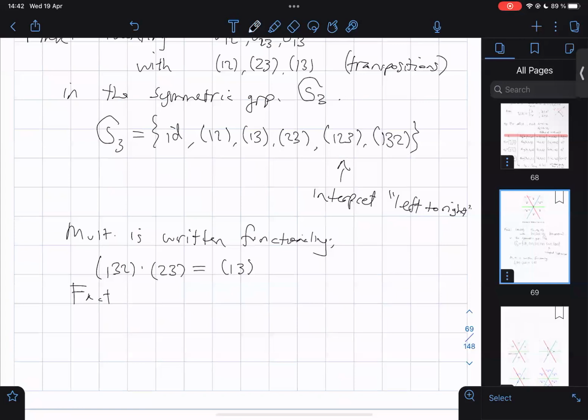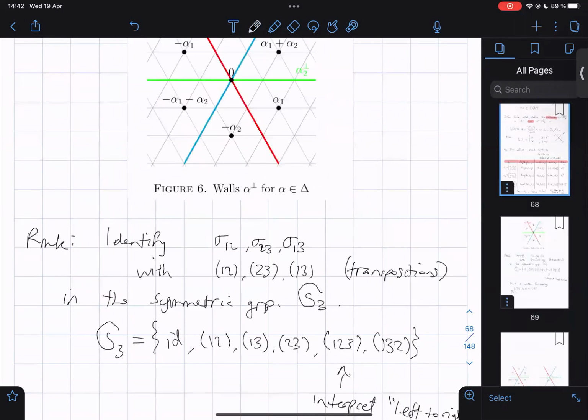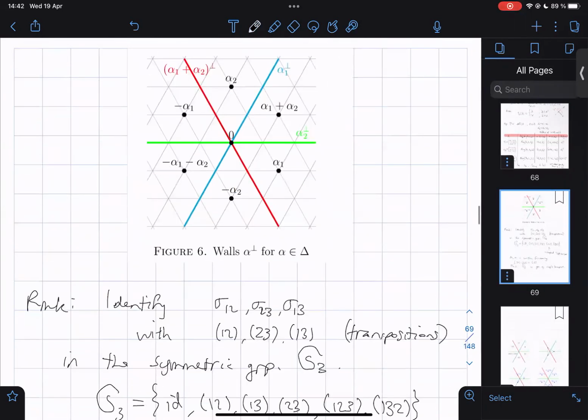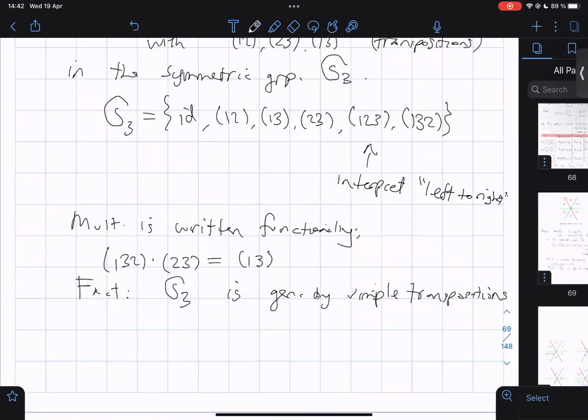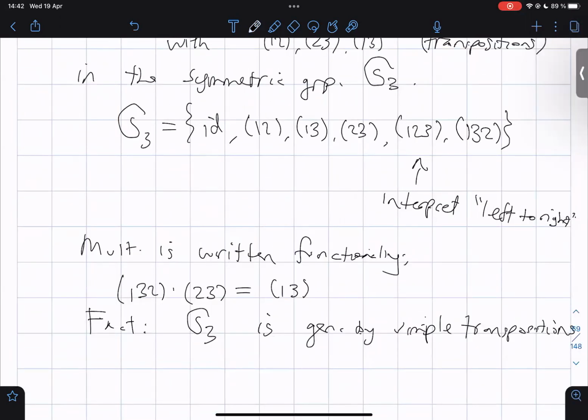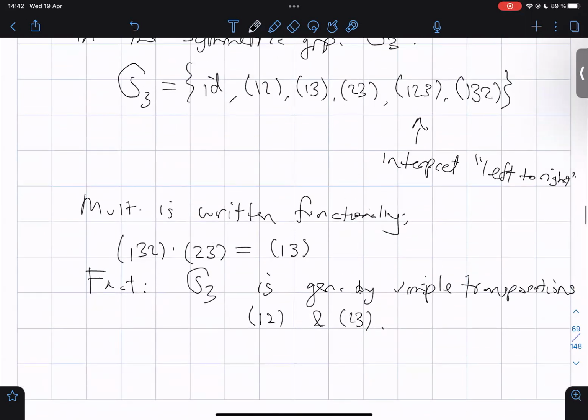In fact, S3 is generated by the so-called simple transpositions (1 2) and (2 3). Every one of these elements can be written as products involving these.